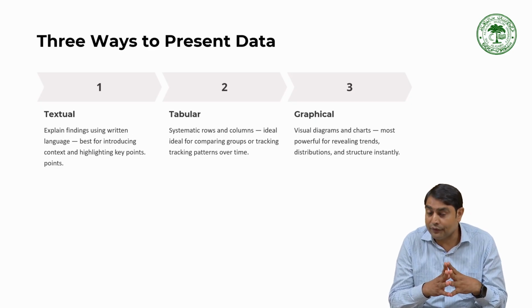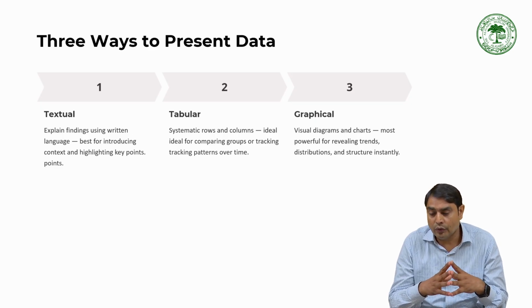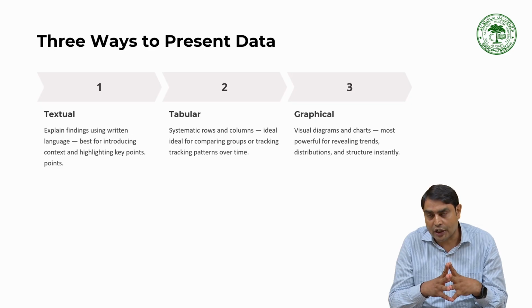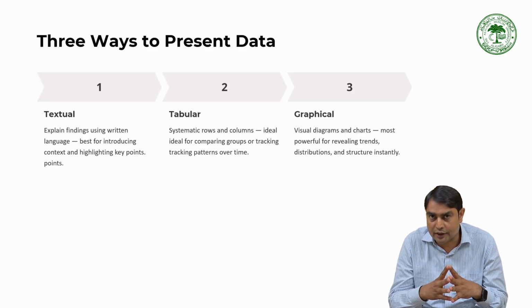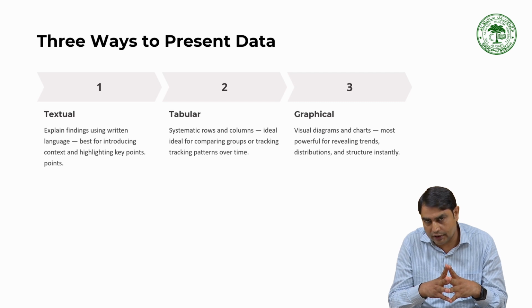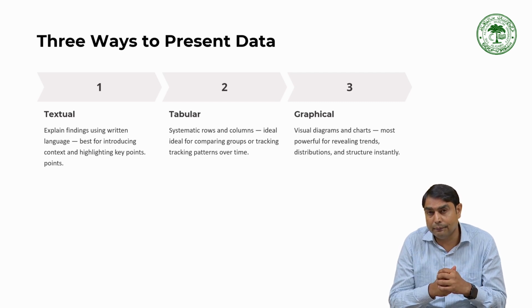And then we have the graphical presentation, which means visual diagrams and charts. The most powerful way to present the data is obviously graphs, because that makes the data more understandable at first glance.